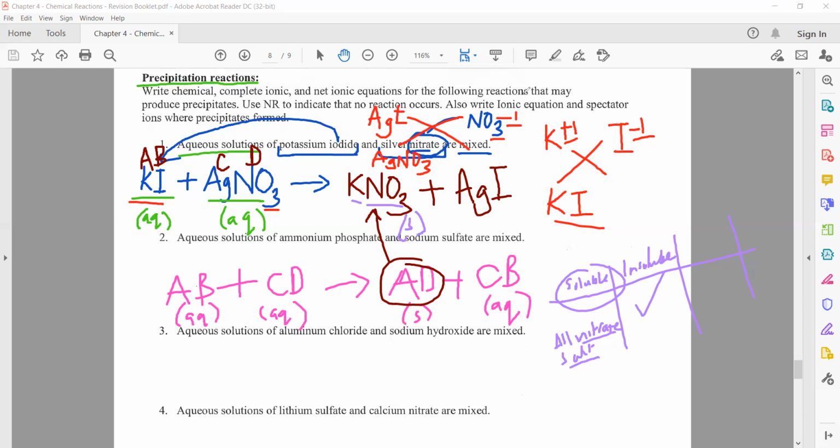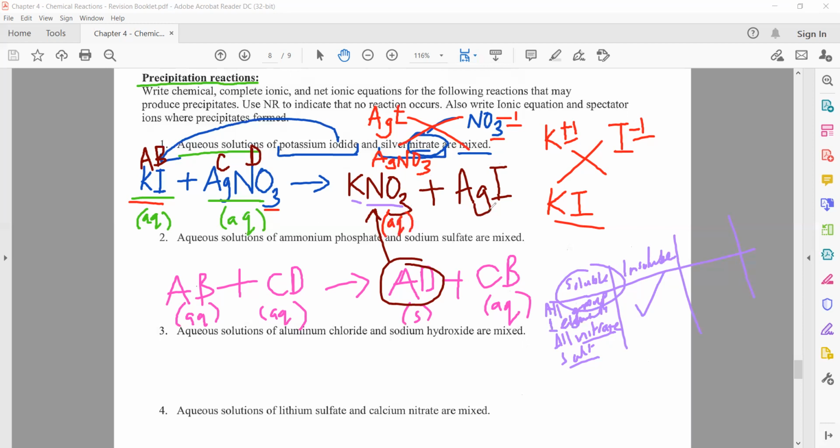So it's important for me to read my solubility chart and realize that all nitrate salts, as well as all group 1 elements, and potassium is a group 1 element, are soluble. Soluble means they do not form precipitates, so they can't have the S, solid state, label attached to them. That means I'm going to give my potassium nitrate an AQ, and everything else is AQ.